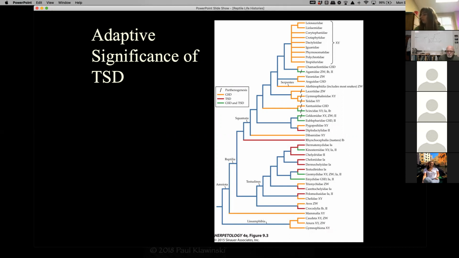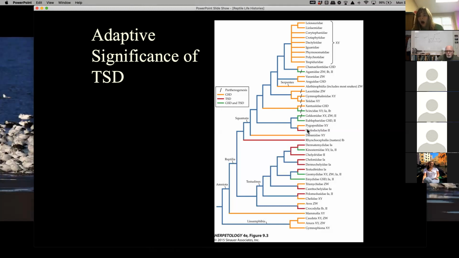the distribution of sex-determining mechanisms is very scattered across the phylogeny of reptiles. So if we look at all of these reptile groups, we see the red ones are independent, convergent evolutionary events of temperature-dependent sex determination. So we have temperature-dependent sex determination in a group of geckos.